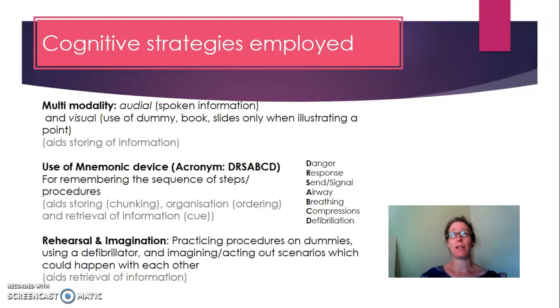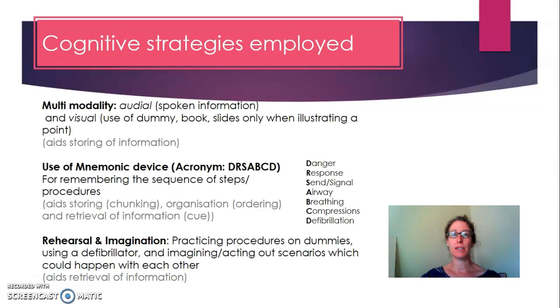But the main thing that I think we all take away from first aid and CPR was the use of mnemonics. Anyone who's done this training will know that DRS ABCD is just etched into your brain.